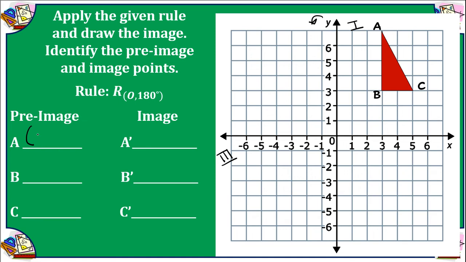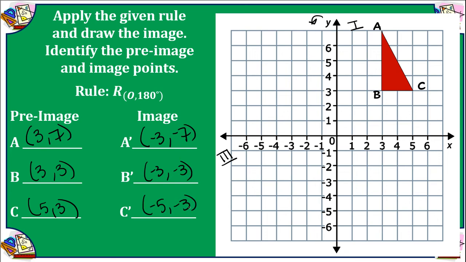So A is 3, 7. B is 3, 3. C is 5, 3. And now we're just going to negate everything, and the x and y coordinates stay where they are. They just change to the opposite.